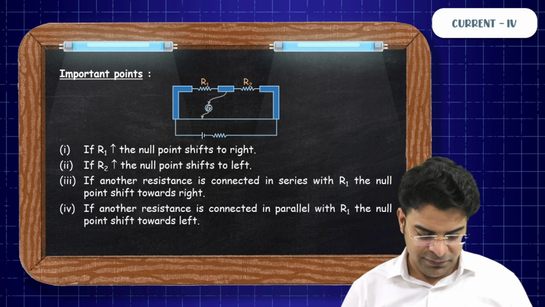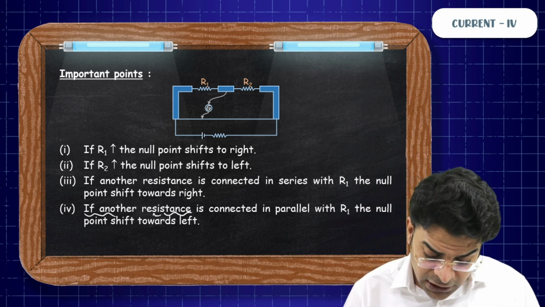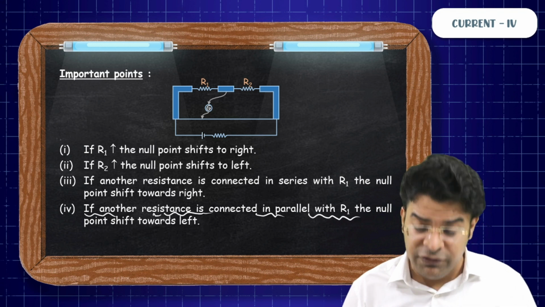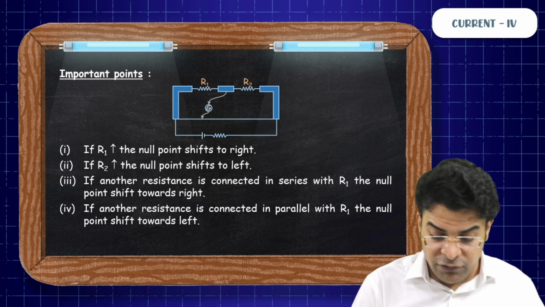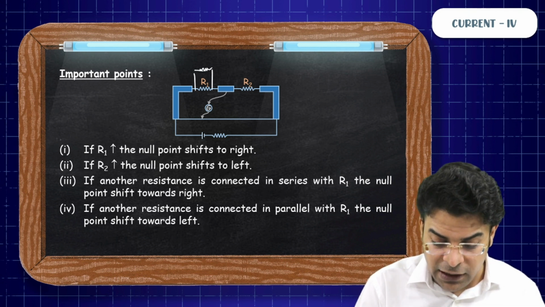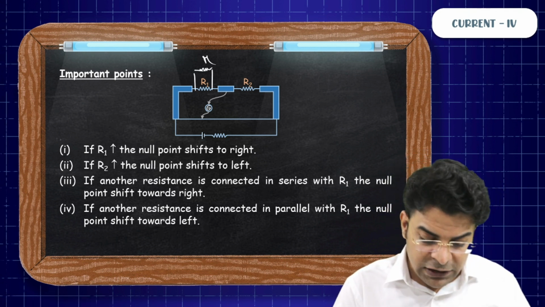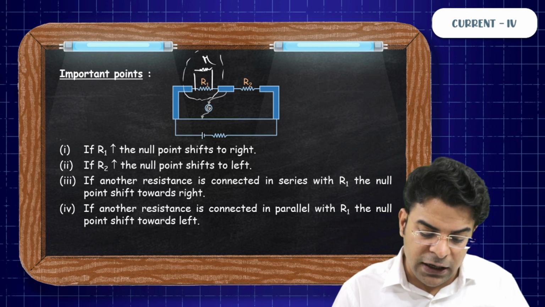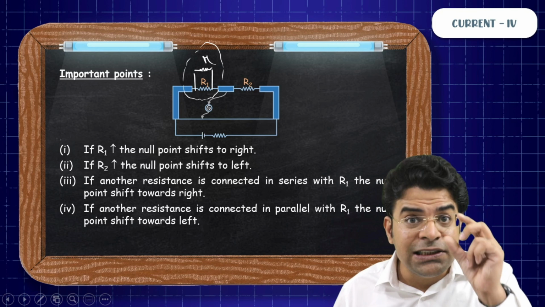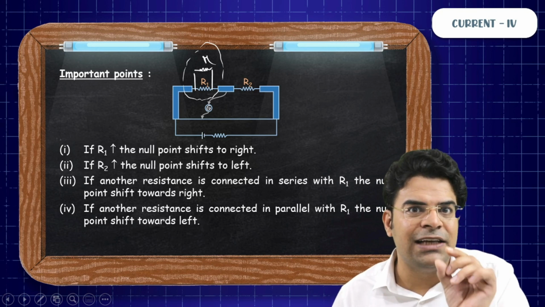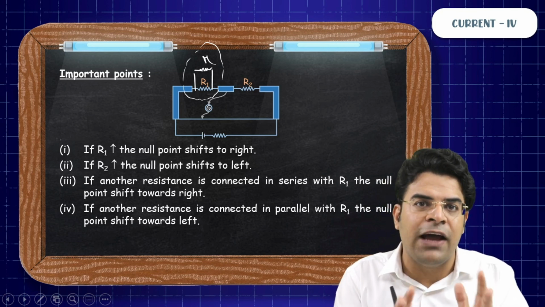Next point, if another resistance is connected in parallel with R1, the null point will shift towards left. If you place one more resistance in parallel with R1, then we know that in case of parallel combination, the equivalent resistance decreases. Since the equivalent resistance decreases, the overall resistance in the left gap decreases.